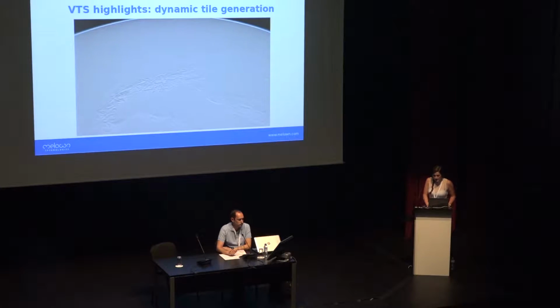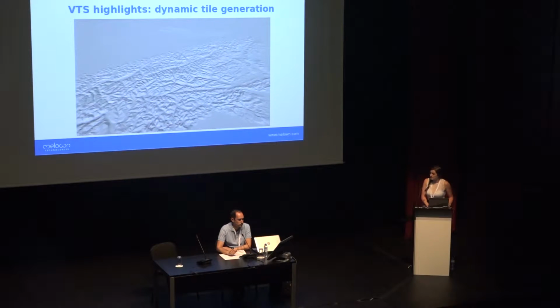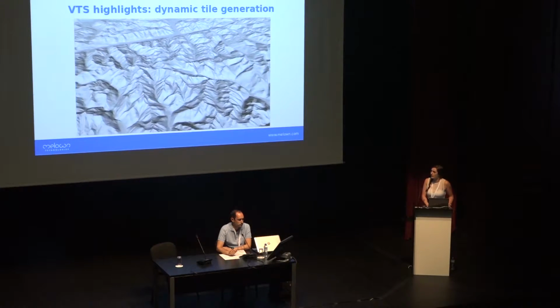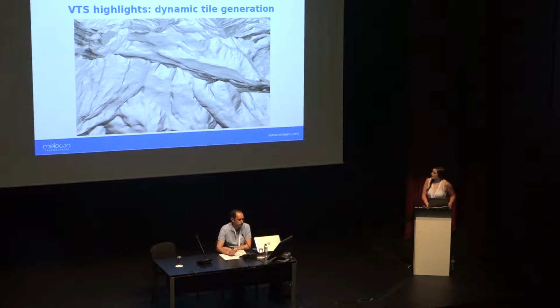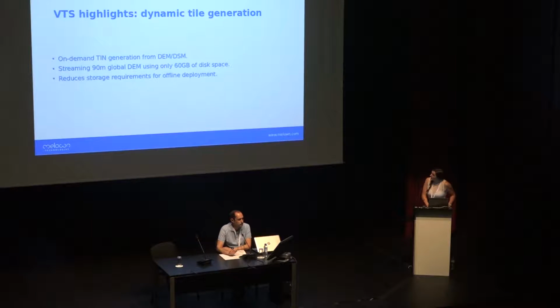The next highlight is dynamic tile generation, which means that we can save space and time while streaming large resources or DEMs, even globe DEMs. The VTS does on-demand tile generation for DEMs and DSMs, but it's not limited only to them.